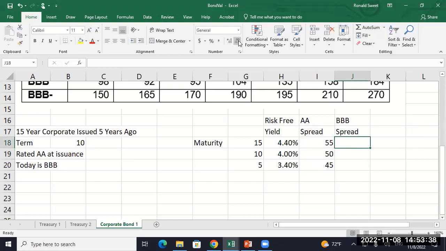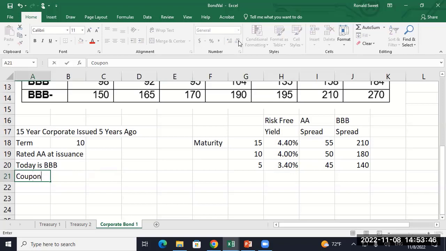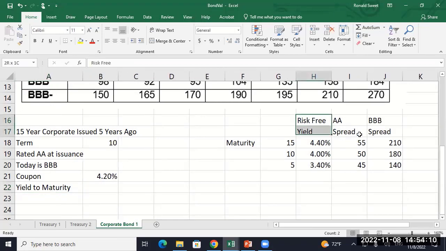Here it's 80, 140 for 10 years. All right. And let's say the coupon on this bond is 6. No, let's go further down. Let's go 4.2%. All right. So what is the yield to maturity? Looks like I've given you too much information, but I have intentionally, just to see if I can throw you off.